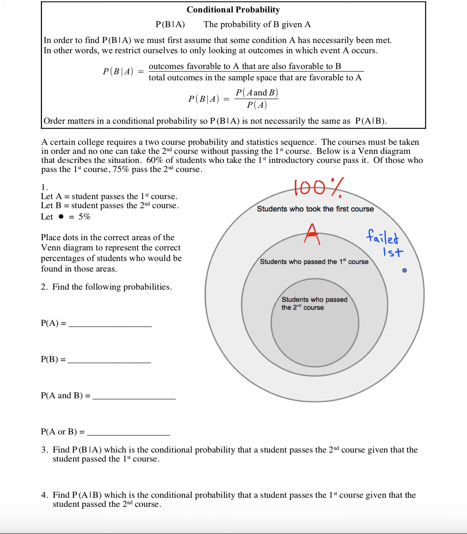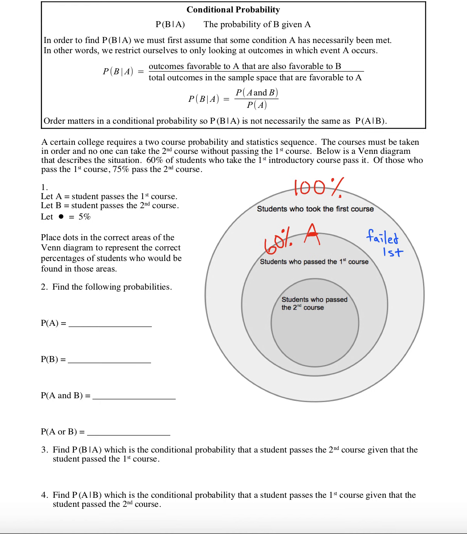Now, we want 60% of our data to be inside bubble A. And one technique I use for keeping it straight in my mind is I'll label the boundary with the 60%, which means I don't yet know exactly where the different people will be placed, but I know that I need 60% in that bubble somewhere.